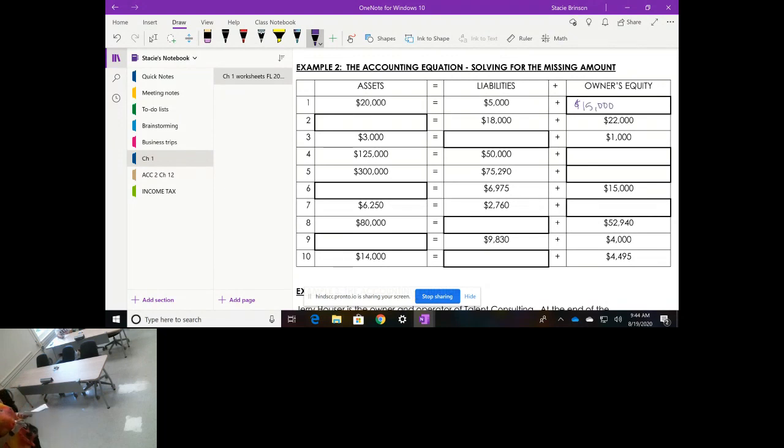I'm easing you in before I dump the building on you. I don't want to throw you in the deep end all at once. Second one, we've got liabilities of 18 and owner's equity of 22. So what's our assets? 40,000. See, it's easy to do, especially when it's this way. What gets hard is when you have a problem and you're like, what is this supposed to be?